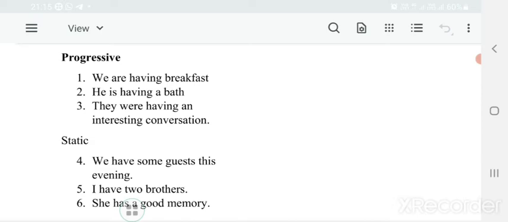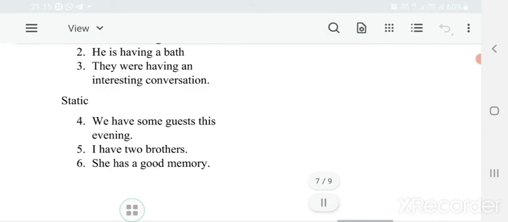Now here again have is employed as a main verb, and is, am, are is always followed by an ing form of verb. So here have is the main verb, so have is used in the continuation. That means having. We are having breakfast, he is having a bath, they were having an interesting conversation.